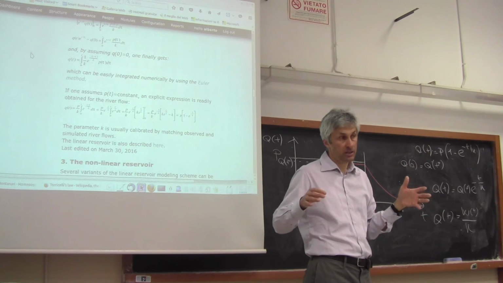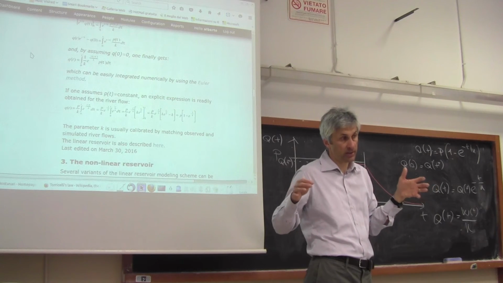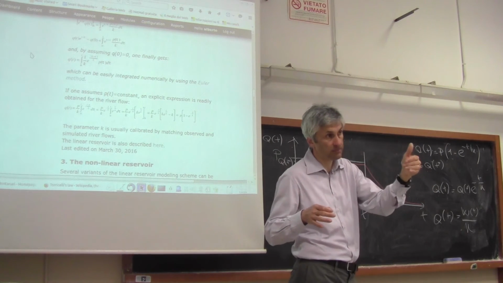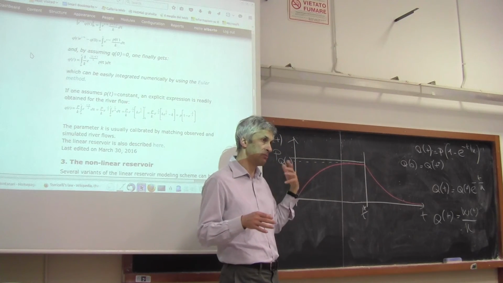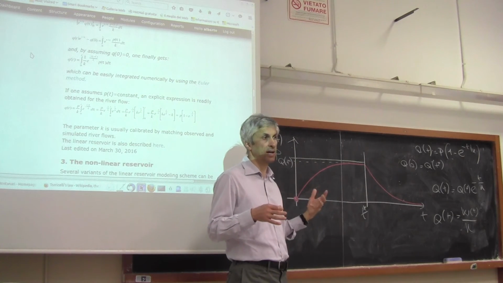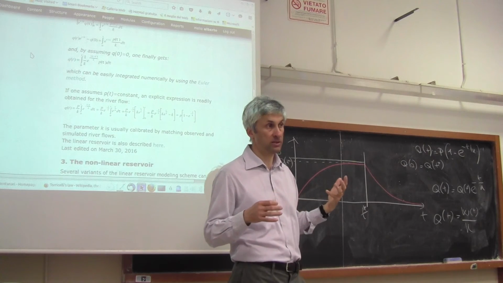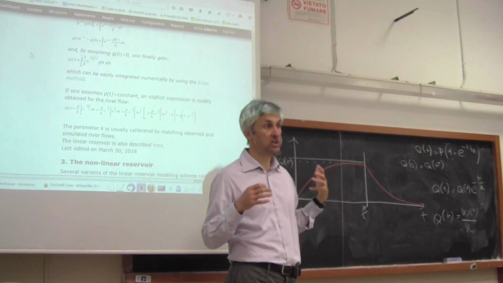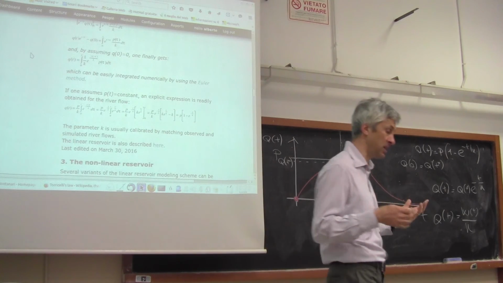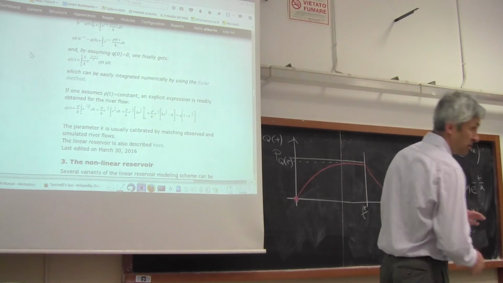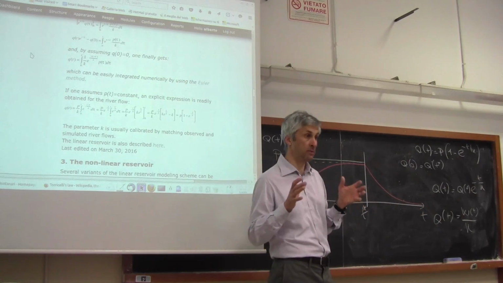Conversely, if K, which is a time, is large, the response is slower. So you could think of connecting in some way K to the time of concentration of the catchment, which is sensible indeed. Based on the reasoning that I just made, it's sensible to connect K to the time of concentration.